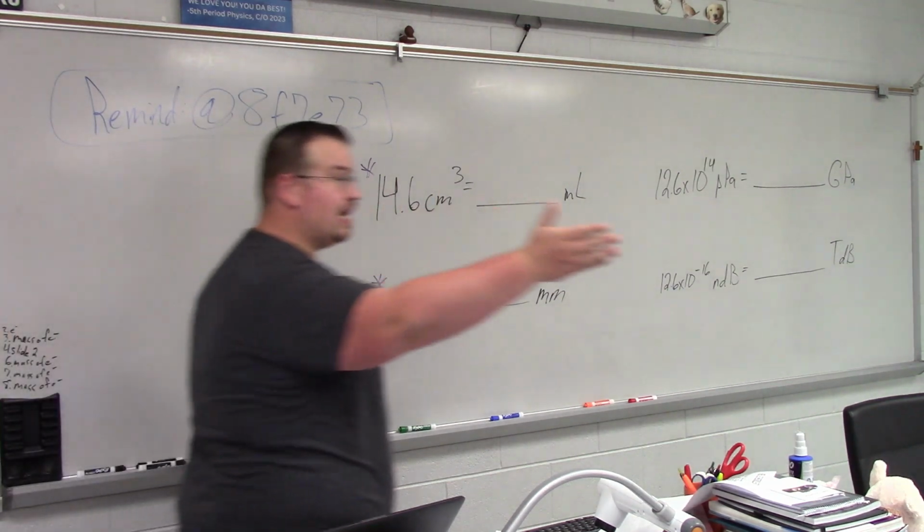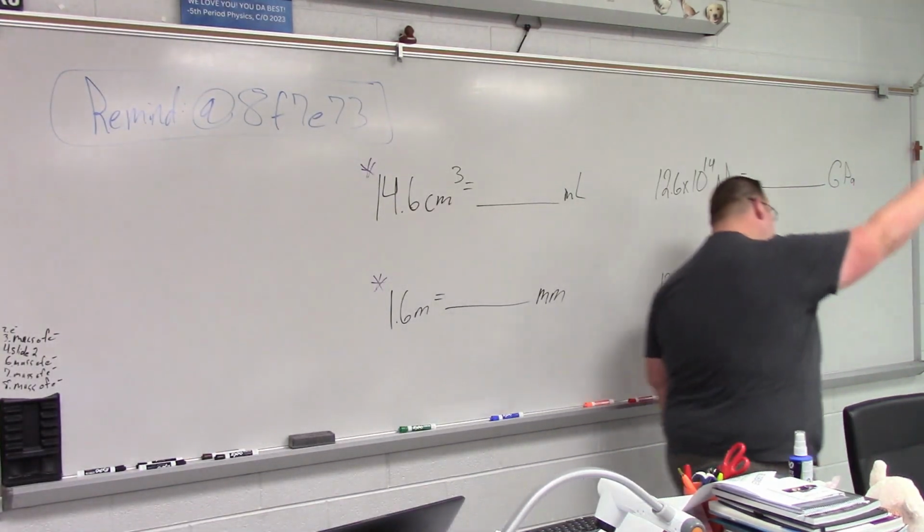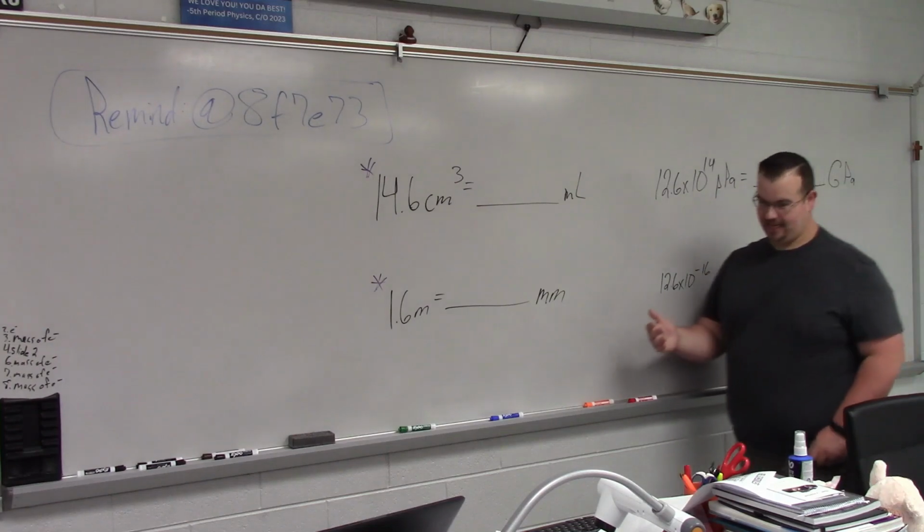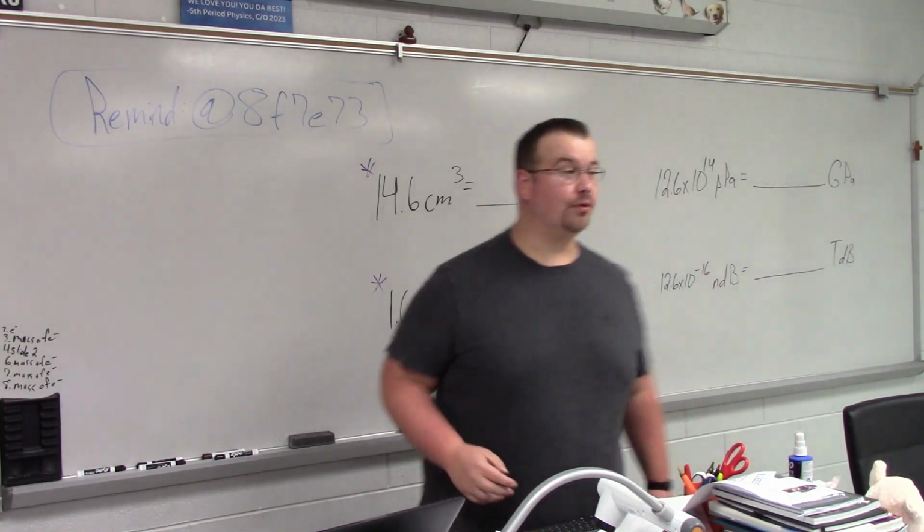Step 4. If and only if there is an exponent on the base of 10, then you add it at the end. Those are our 4 rules.